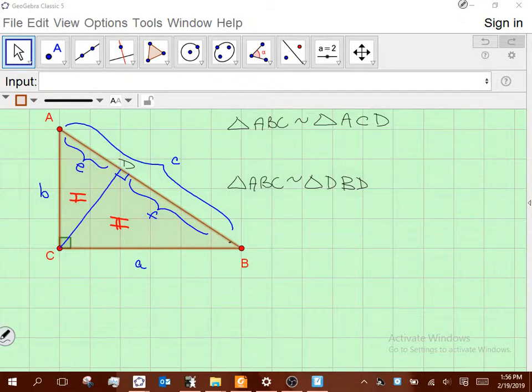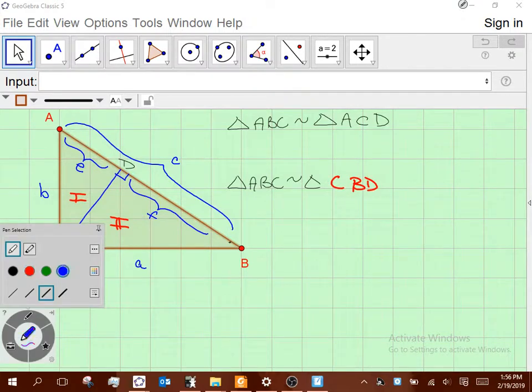Okay, all right, so let's start over. BD would be those two, right? C is the right angle, D is the right angle, B and B match up, so I'm looking at C. Sorry, CBD. Is that right?